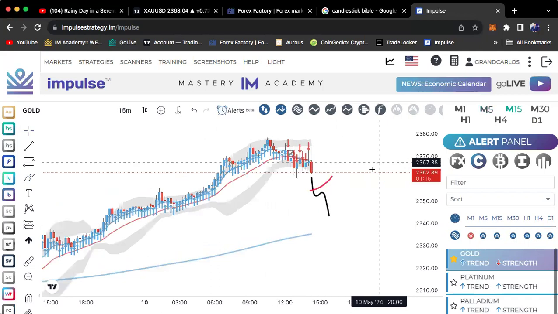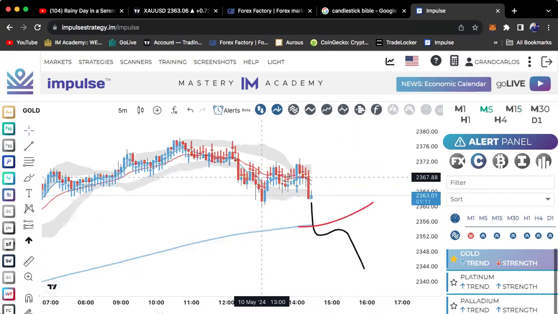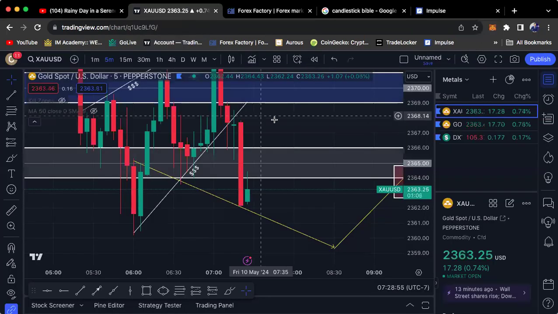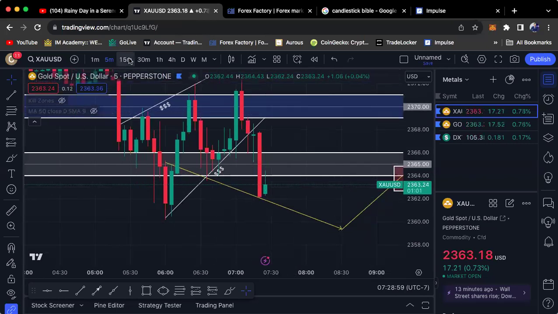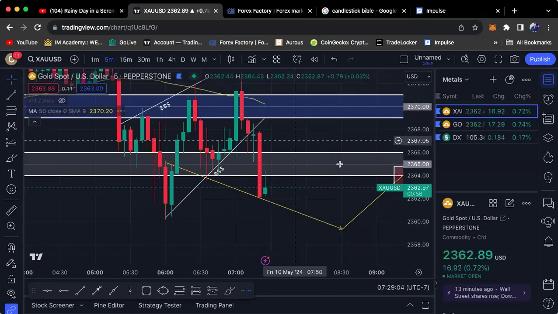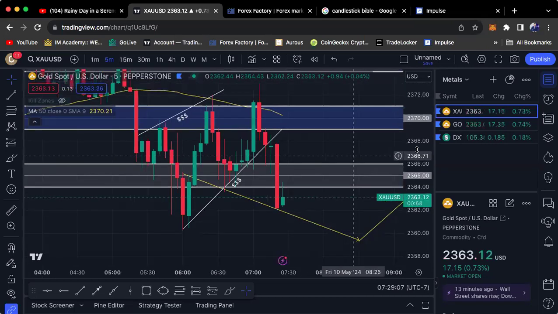All right, so it's giving me red arrows. Strength is red. Yeah, so price is trending down.